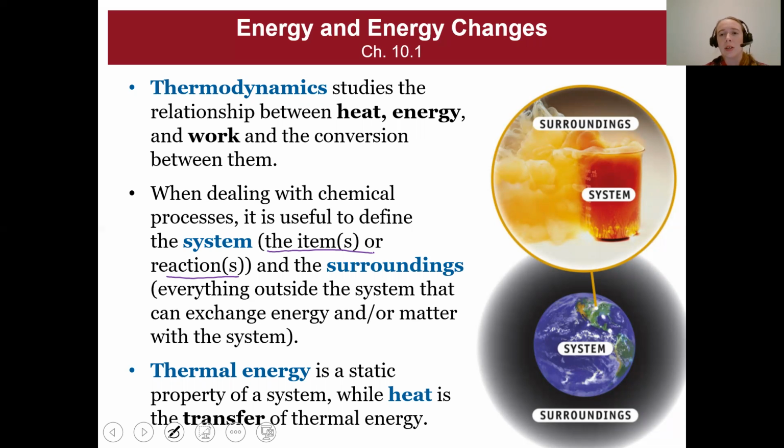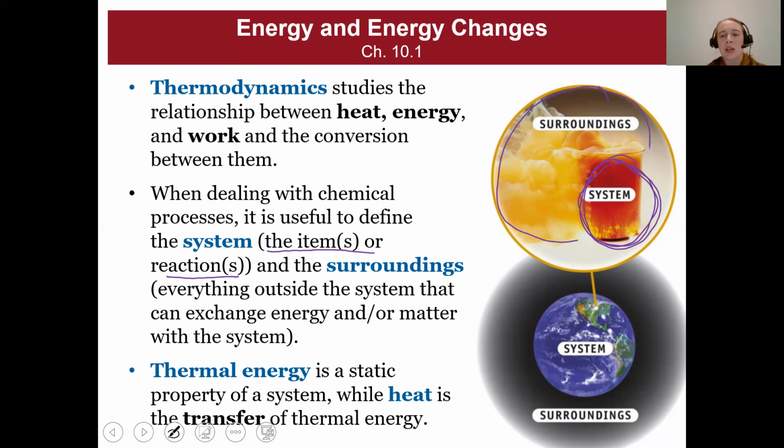So these are a couple examples here. This system is, I'm not actually sure what this reaction is. To be honest, I should have probably looked that up, huh? But there's something in a beaker that is giving off this gas, this smoky fume, and the beaker where our reaction is occurring is our system, and then everything else is our surroundings.